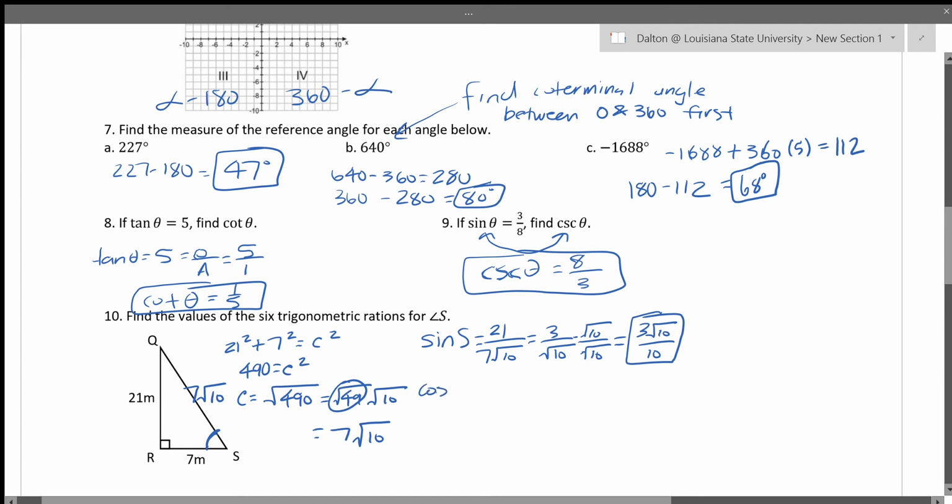The cosine of angle S is going to be adjacent over hypotenuse. So adjacent to S is 7. Hypotenuse is 7 square roots of 10. And similarly, like this one, 7 over 7 cancels. So we just have 1 in the numerator and then square root of 10 in the denominator, which is still not okay because we have a radical down there and that's not allowed.